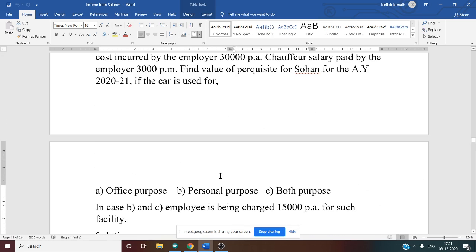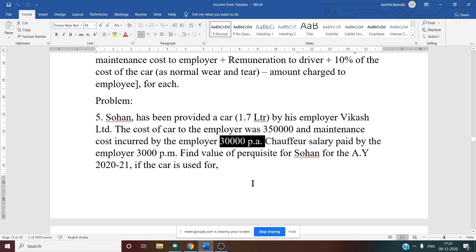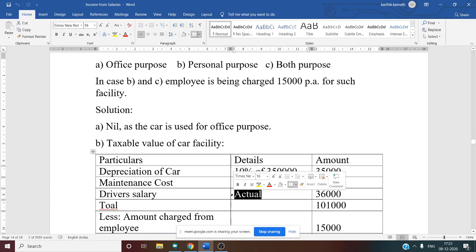So we take 30,000, add depreciation plus maintenance, then driver salary. Driver salary 3,000 per month is given. 3,000 into 12 for one year, so 36,000. What is the total value? 1,01,000. Add all three: 35,000 plus 30,000 plus 36,000.